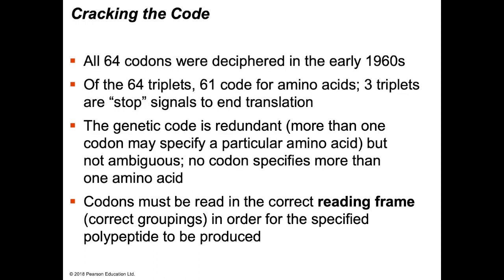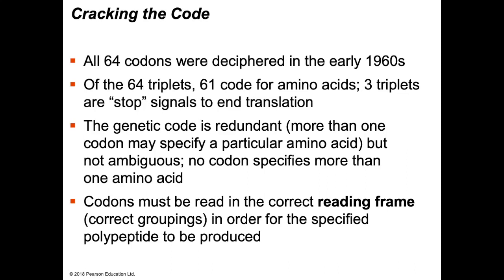So the genetic code is redundant but not ambiguous. No codon specifies more than one amino acid. So one codon is to one amino acid. And codons must be read in the correct reading frame in order for the specified polypeptide to be produced.